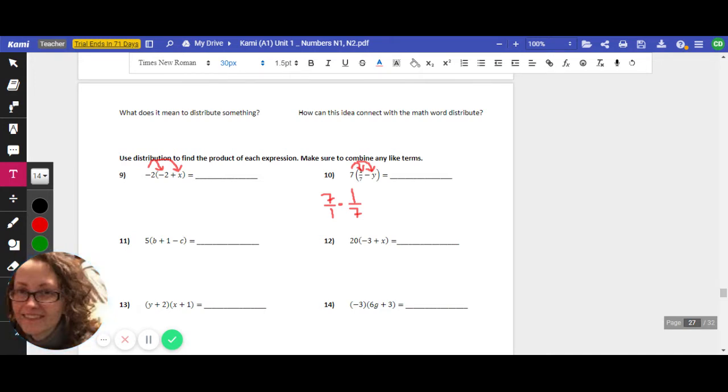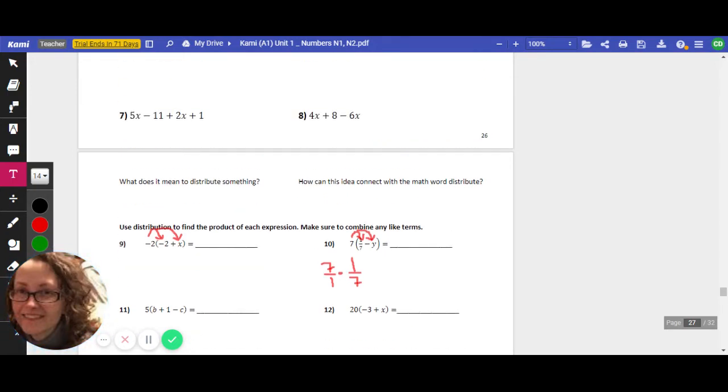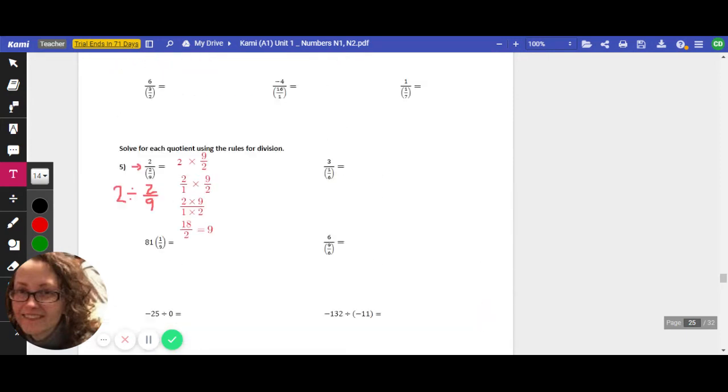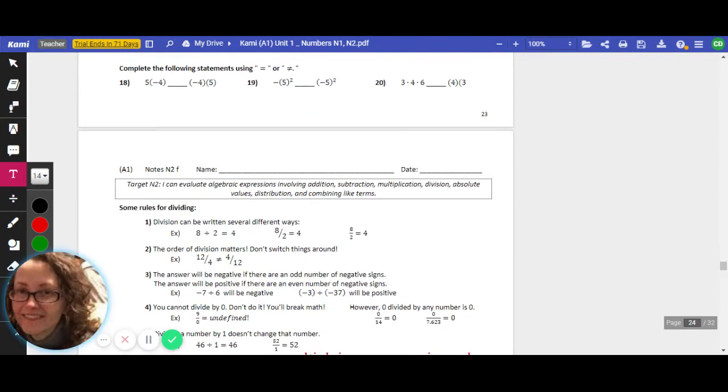So I'm going to take this -2 and our parentheses. When there's nothing written in between here, this is going to indicate multiplication. So let's go back just for a second.